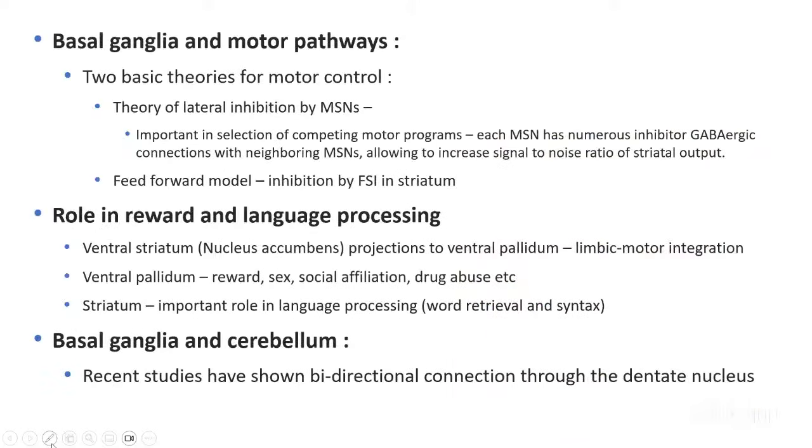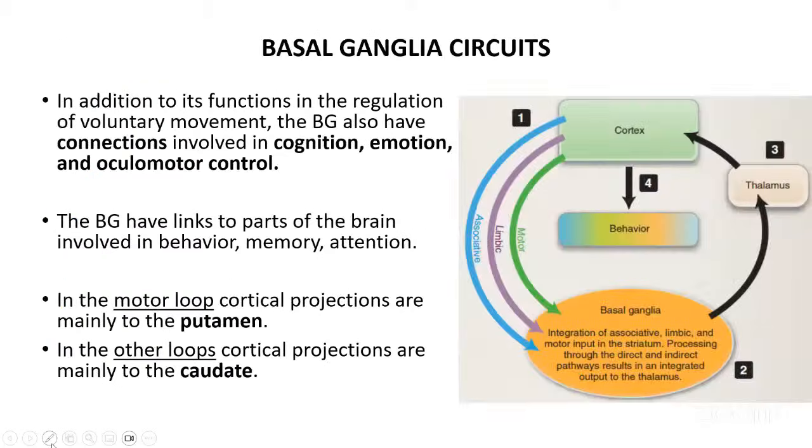Striatum has important role in language processing and word retrieval and syntax. Then basal ganglia, as we all know, have connection with cerebellum, a bidirectional connection through dentate nucleus, and has a role in coordination of movements.